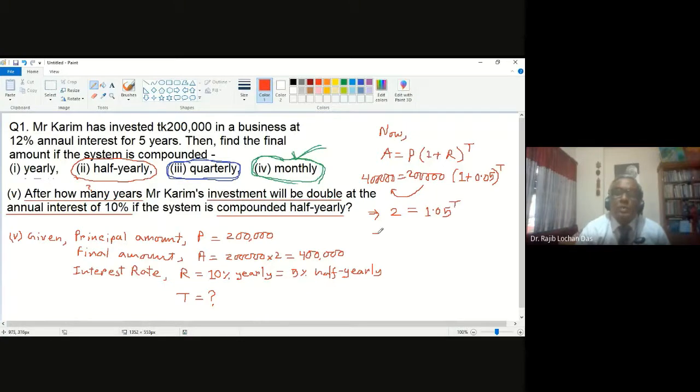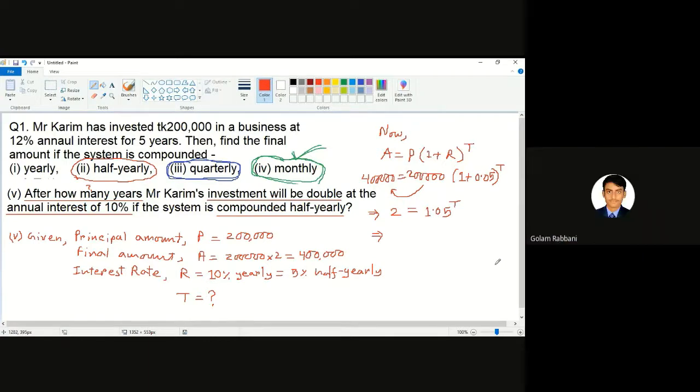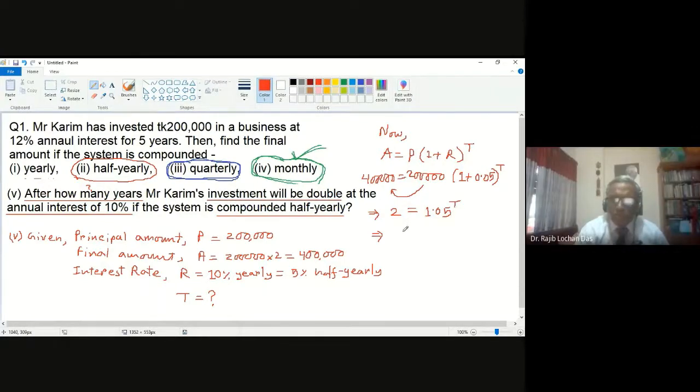Now what will you write in the next line? Sir, I think we follow the log formula. Yes, you are right.